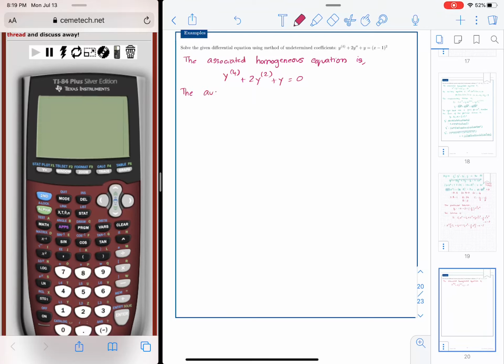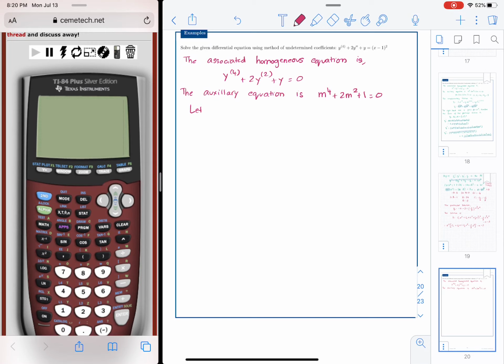The auxiliary equation is m raised 4 plus 2m squared plus 1 equals 0. Of course, you could use a calculator to find the solution here, but I'm going to show you an algebraic way with substitution because this is an easy equation.